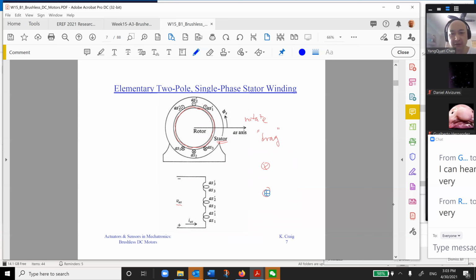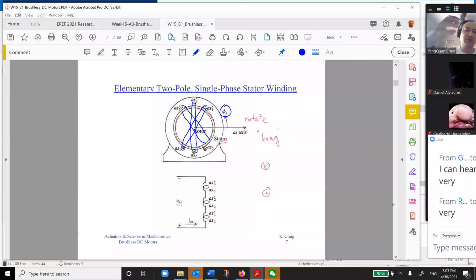So you have these windings here, and this one is right here. Because of this winding, the magnetic field could rotate. This is the total magnetic flux, this is phi of S. It's a rotating magnetic field.